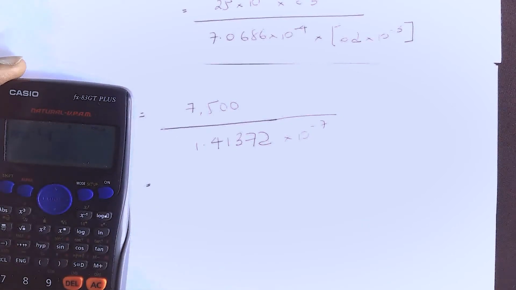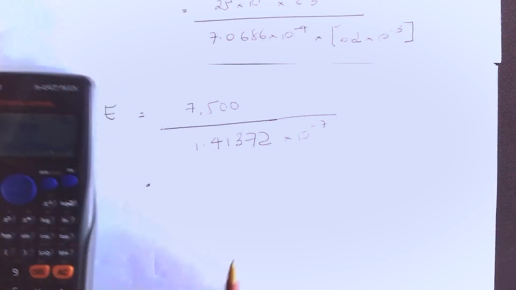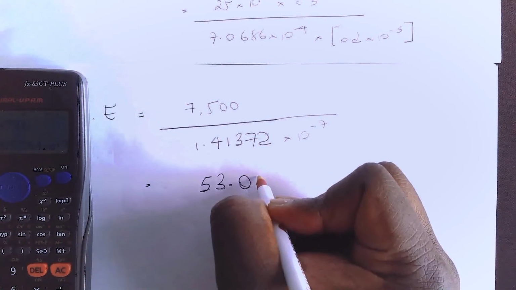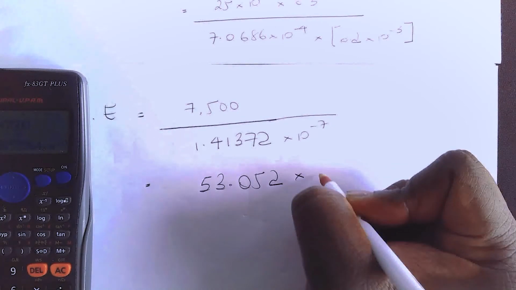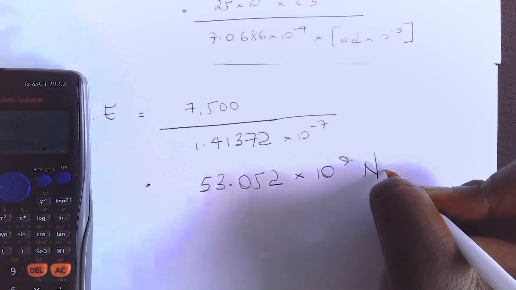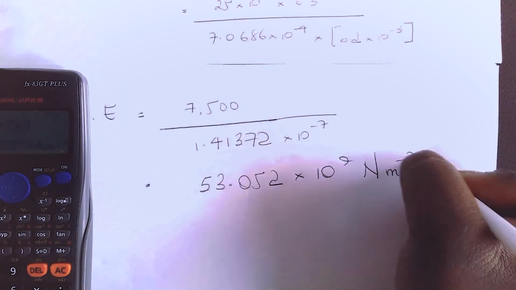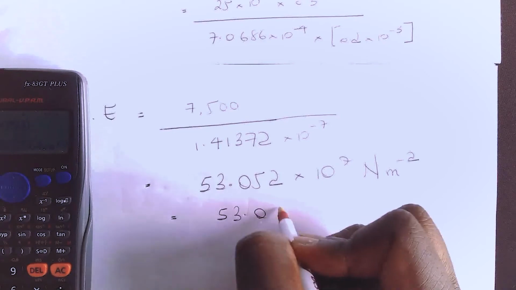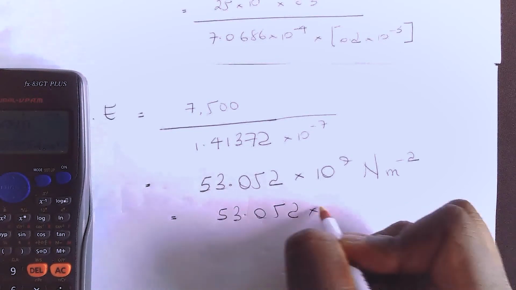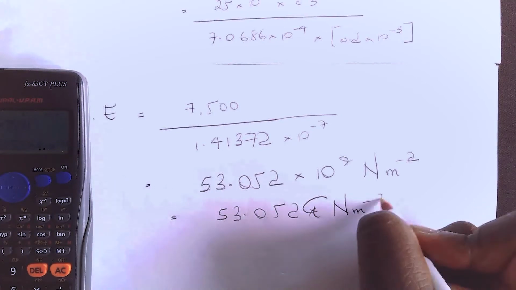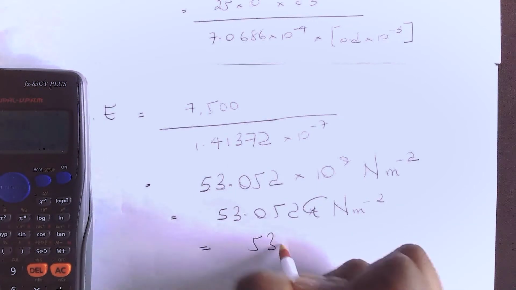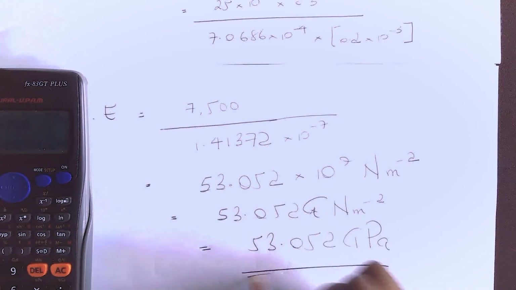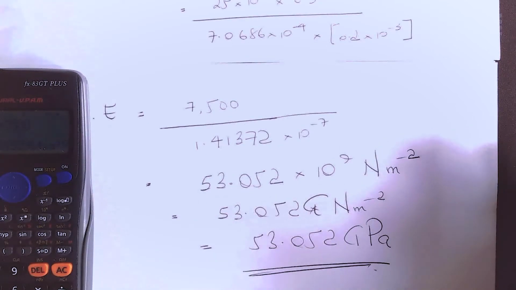If we do the inverse of that times 7,500, that gives 53.052 times 10 to the power of 9 Newton meter per meter squared, which is the same as 53.052 GN per meter squared, which is the same as 53.052 GPa. And there we have it.